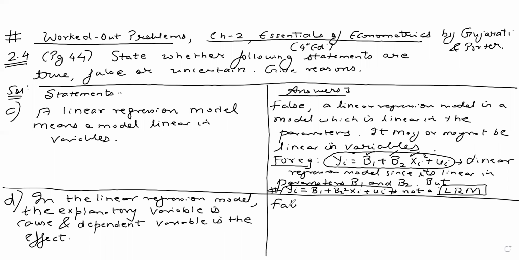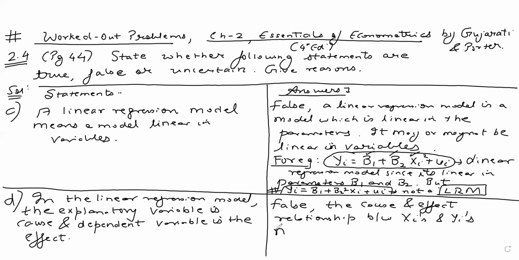Because clearly we had said in the beginning of the linear regression lectures that the cause and effect relationship between the xi's and the yi's must be justified by the underlying theory.